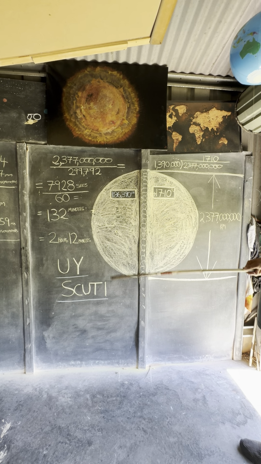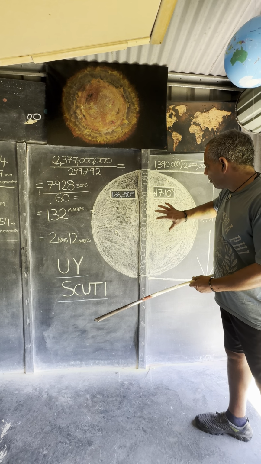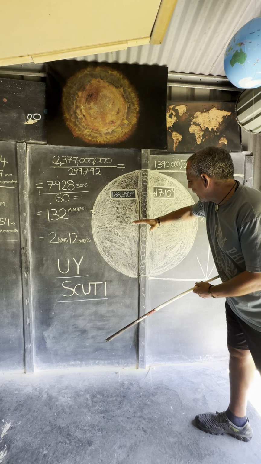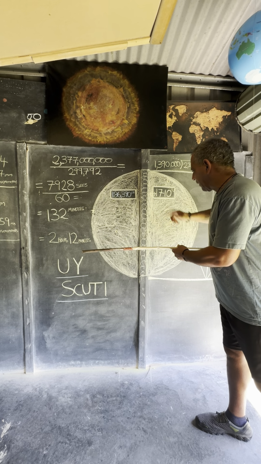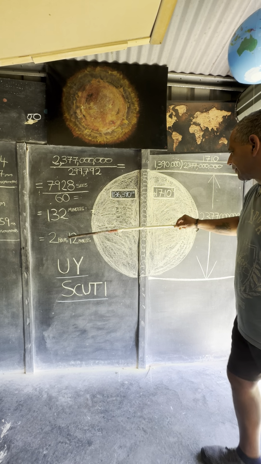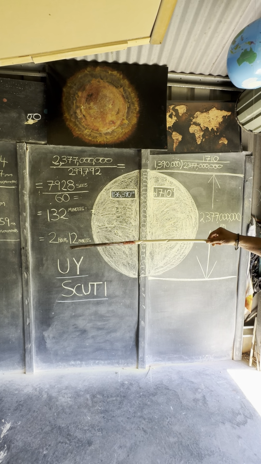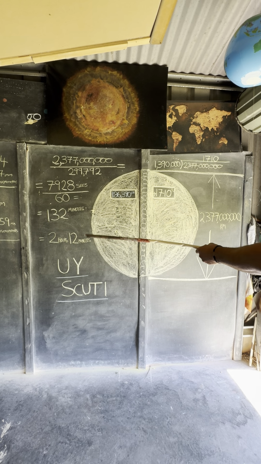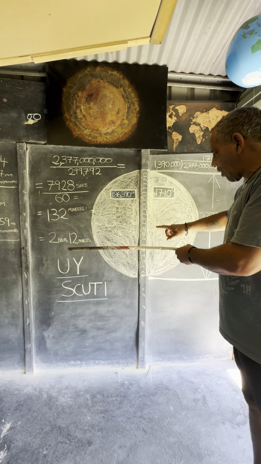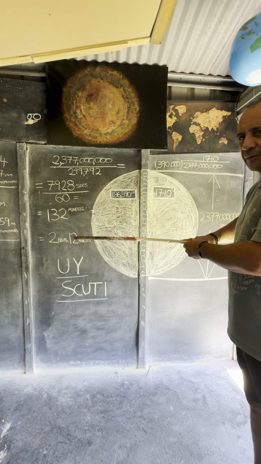So what we're saying is, we've got a ball, right? This is the sun. This is UY Scuti, right? It comes out to here and it goes back 3 dimensions. So this is the front of it. If I move back 1 diameter of UY Scuti, I'm being told with the speed of light, it's going to take 2 hours and 12 minutes for this monster to radiate its light, one of its diameters.